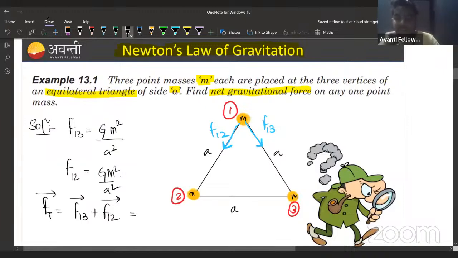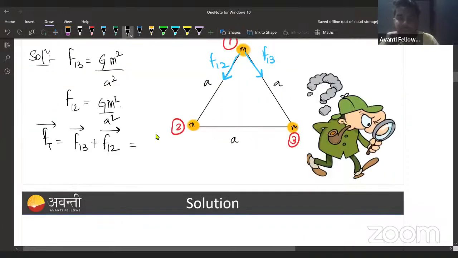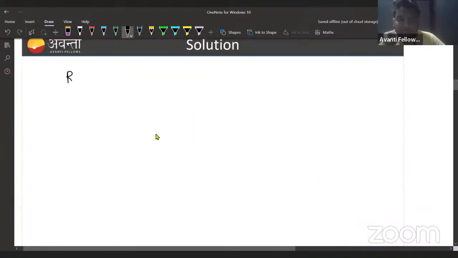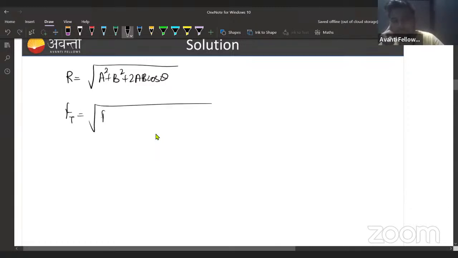Now, what is the resultant between two vectors? The resultant is given as the square root of a square plus b square plus 2ab cos theta, where a is the first vector and b is the second vector. For force total, that will be given as F12 whole square plus F13 whole square plus 2 F12 F13 cos theta.